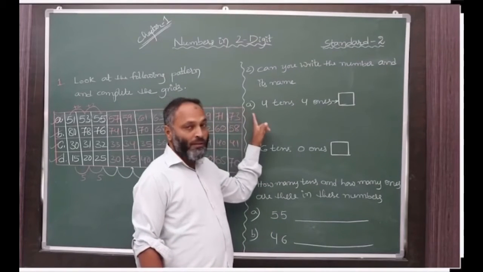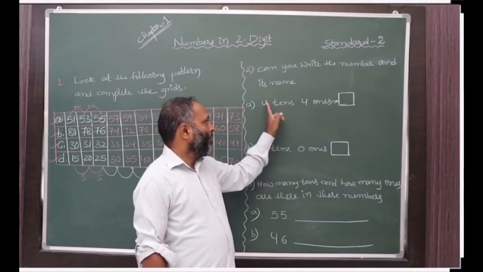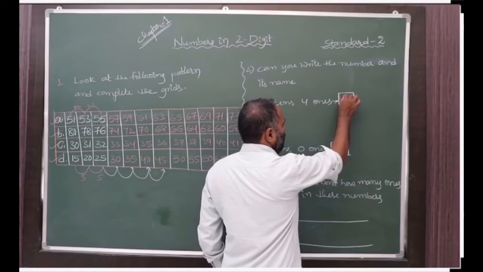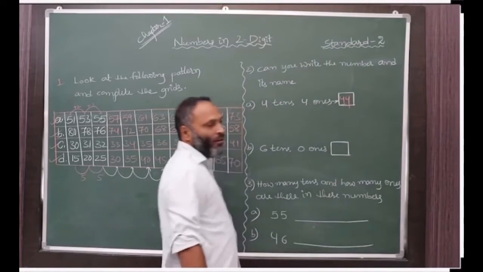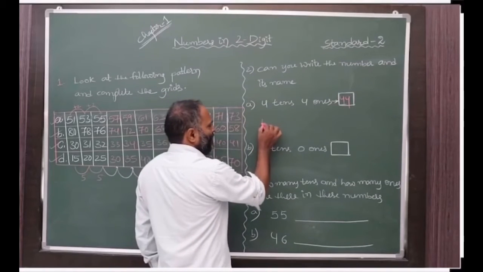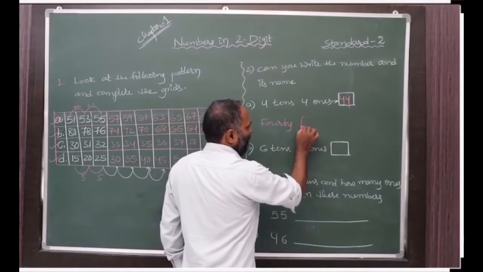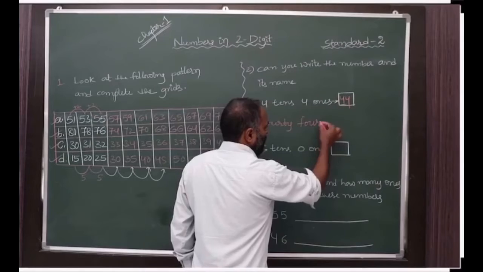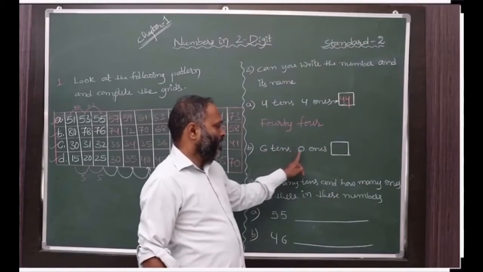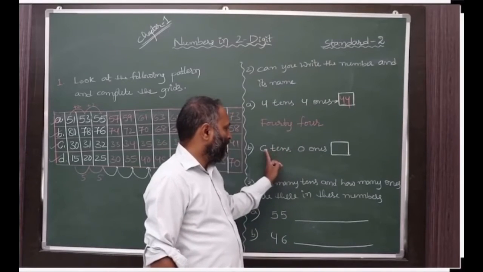What is given in the first question: 4 tens, 4 ones, that is 44. Next, 6 tens, 0 ones, that is 60.